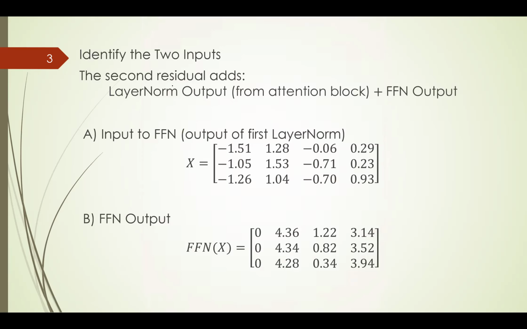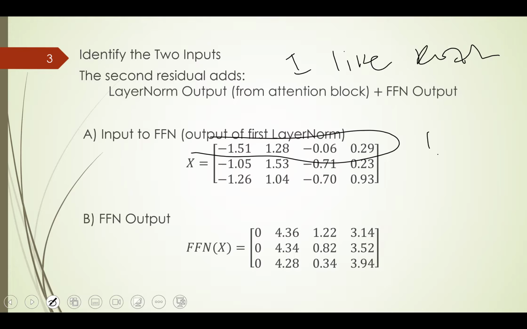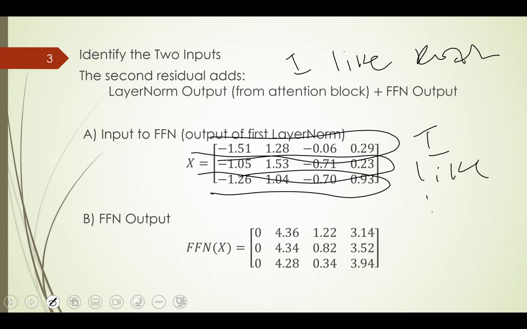Now, remember we had the sentence "I like Rojava." The first row represents I, the X from the feed forward, the second row is like, and the third row is Rojava.